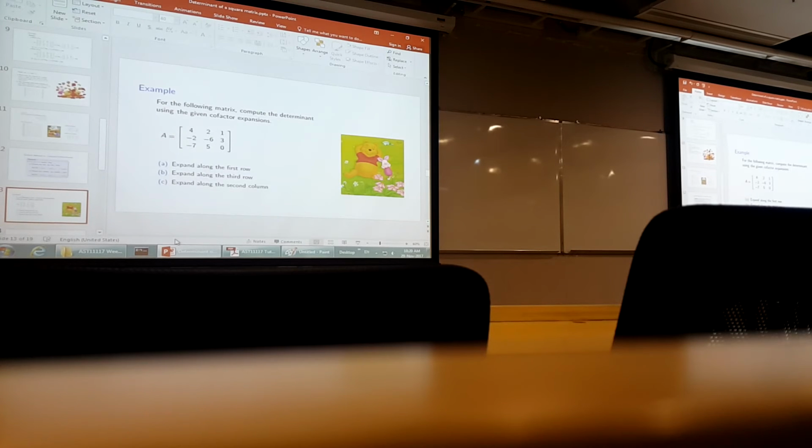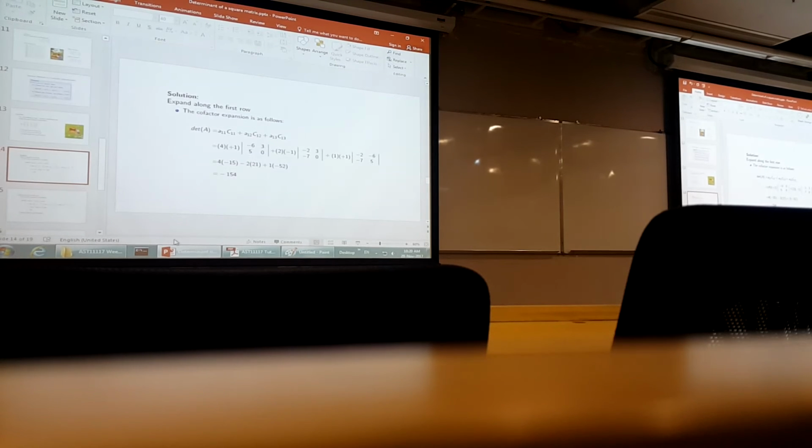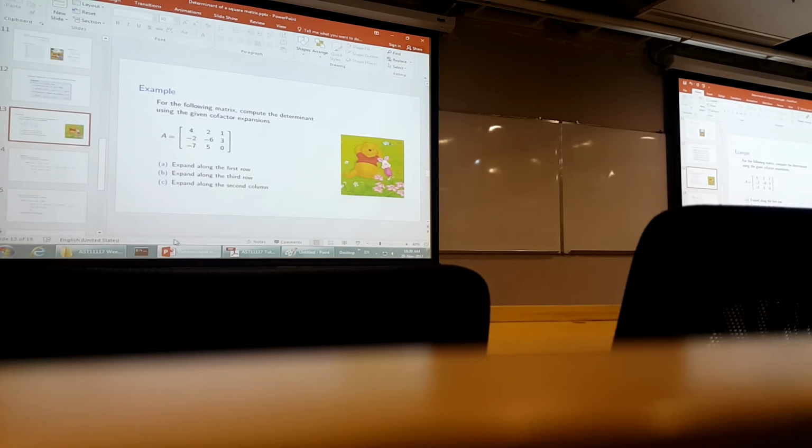This is another example. You can read by yourself. I think it's the same as what we did before. This one, we can produce the cofactor matrix, and then you really need to calculate.